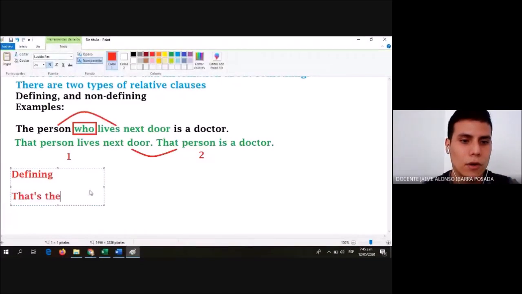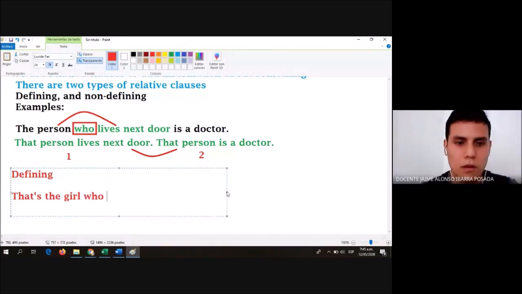That's the girl who sells candies. Okay, what happens if I omit this sentence? If I delete it, I'm just saying that's the girl.